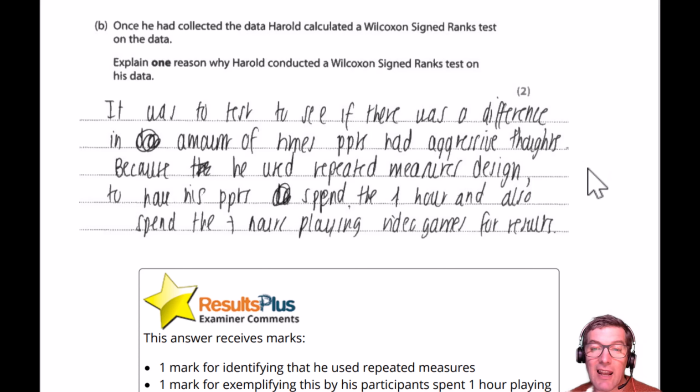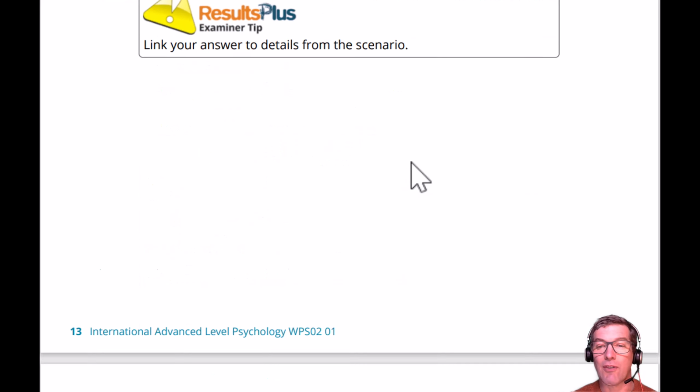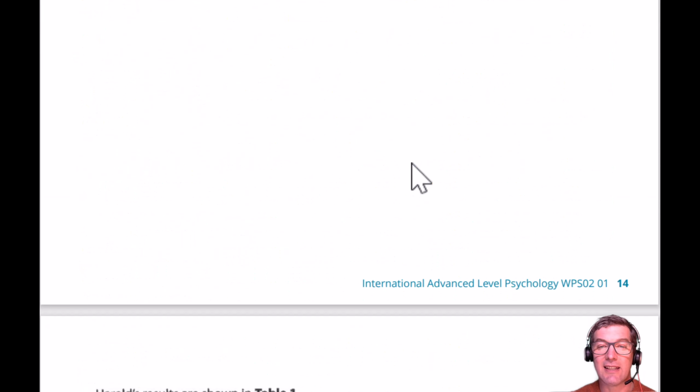So that could be a bit clearer, but the examiner has picked out that here the repeated measures gains a mark, and for explaining why it's repeated measures in this study, the same participants spend up to 1 hour and then up to 7 hours in the second week, so they're being tested twice, and that is fully justified for the second mark.